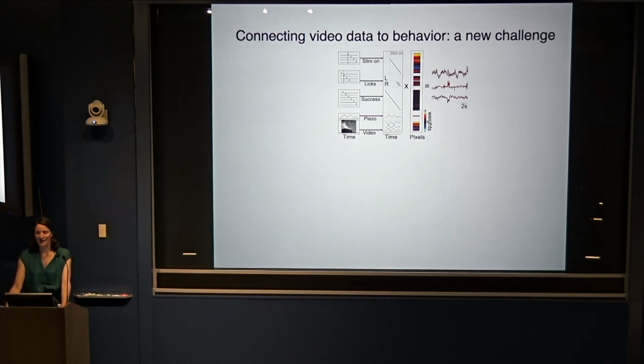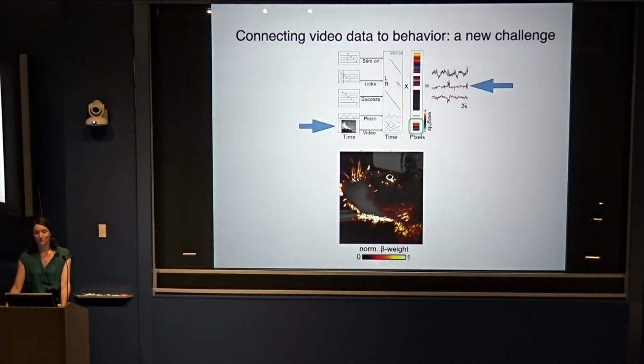As a first pass, one way that you can relate the neural activity to the video data is by looking at the weights that were assigned by the model. And so we can project those back up into the full dimensional space, because of course in the model we don't use the whole video, we use the top 200 PCs. And then the pixels are colored based on how important they are for explaining neural variance. And I don't know, it's sort of useful, right?